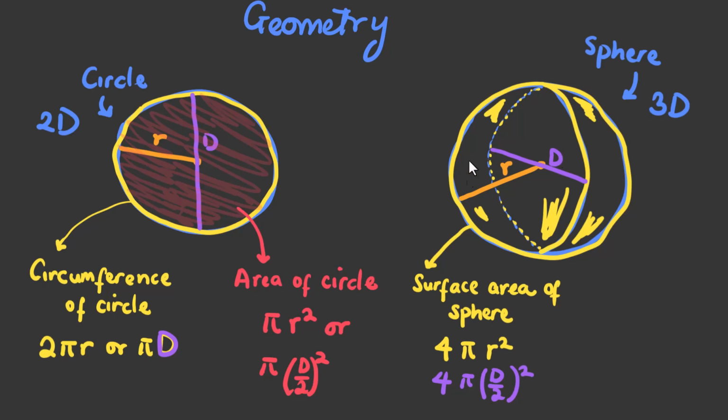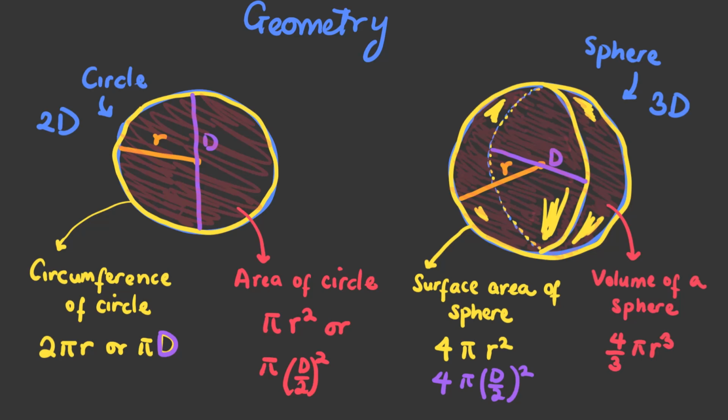Next, let's determine the space that your sphere occupies in 3D. This parameter is known as the volume. To accomplish this, we multiply the cube of the radius by pi, and multiply the result by 4/3.